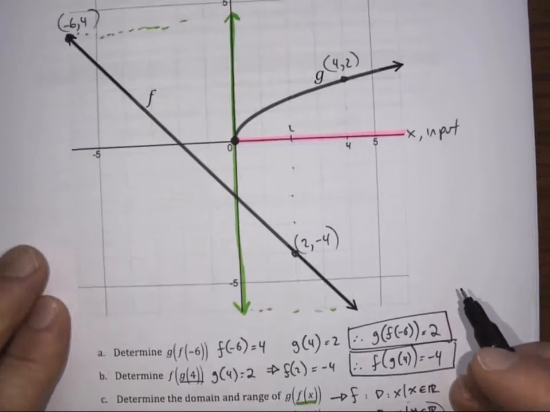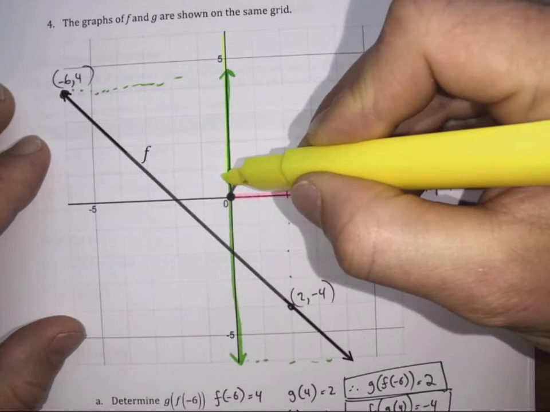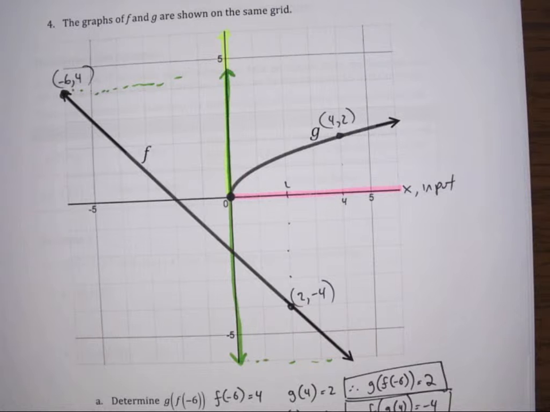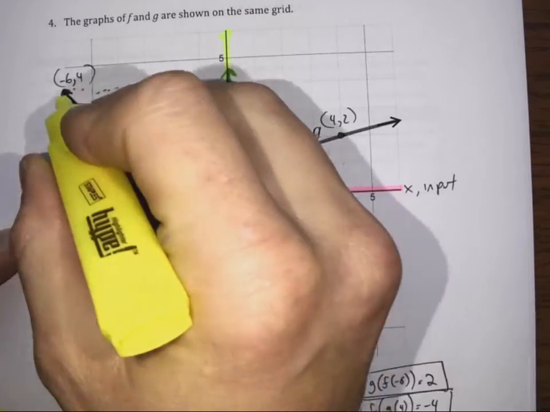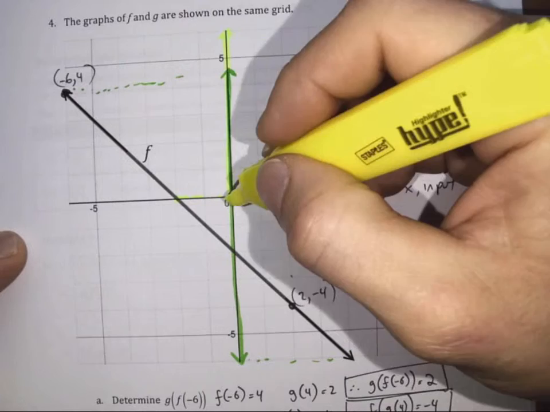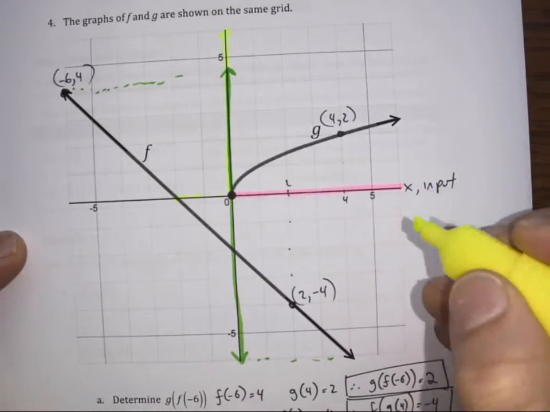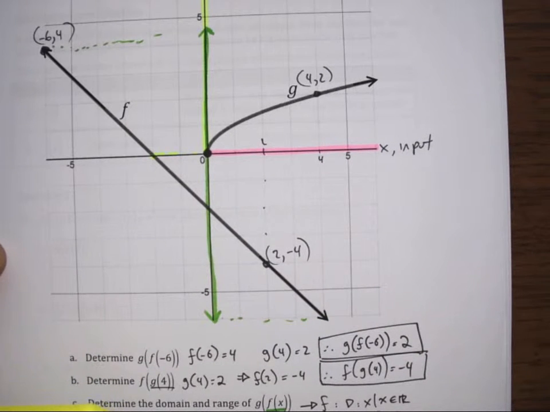If we look up on our diagram, the outputs of f above 0 can come out and be inputs of g. Only values that come out of f from this point onward in this direction give outputs that are positive or 0, and therefore are allowed to be inputs of g. Well, that's tough.